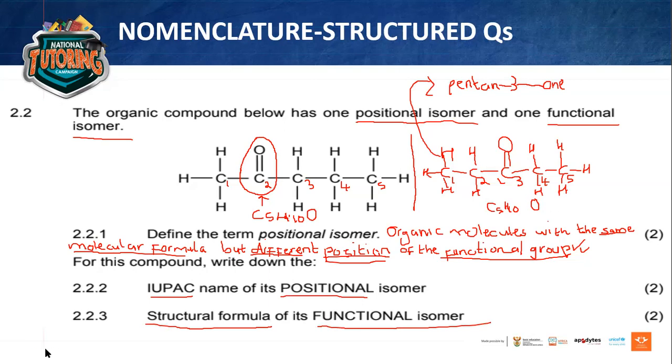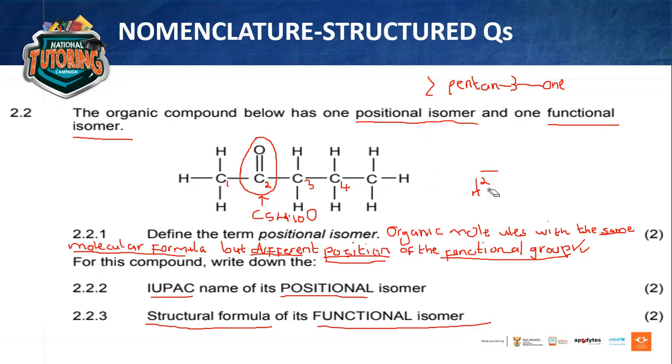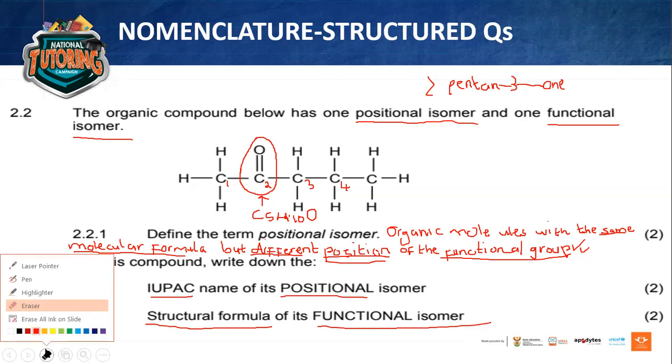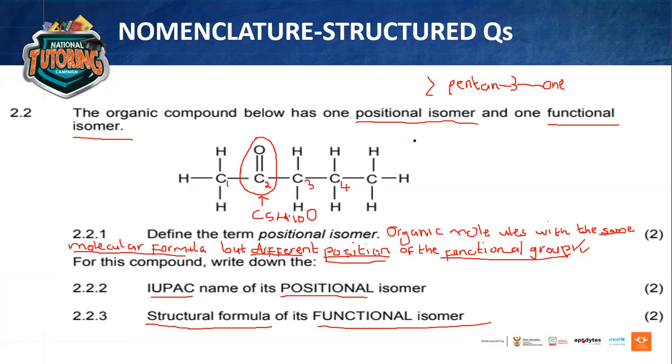Remember now, when we define functional isomers, we say they are organic molecules with the same molecular formula, but different functional groups. It means if I want a functional isomer of this molecule, I can't draw a ketone again, because a functional isomer requires that the molecular formula be the same, but the functional groups must be different.